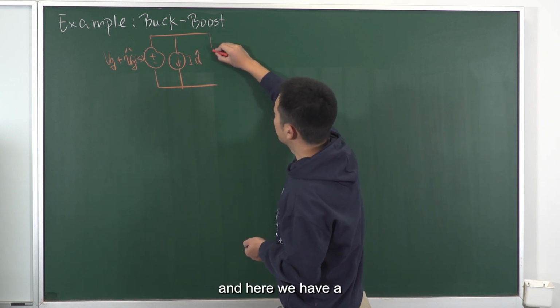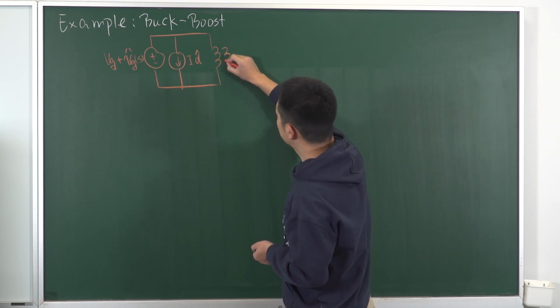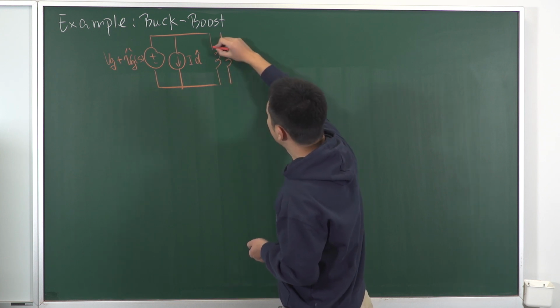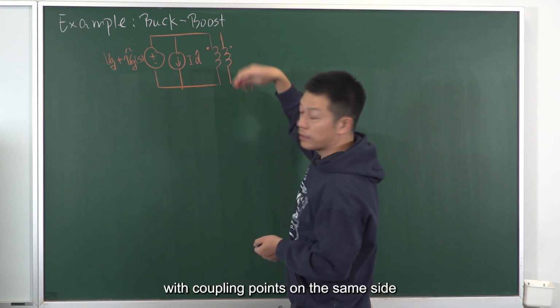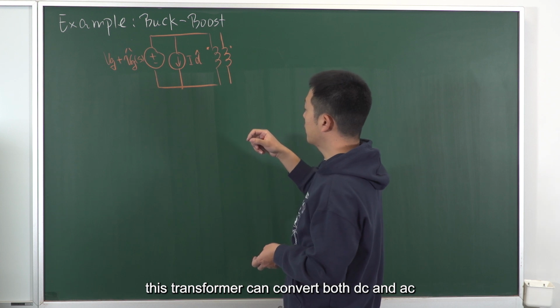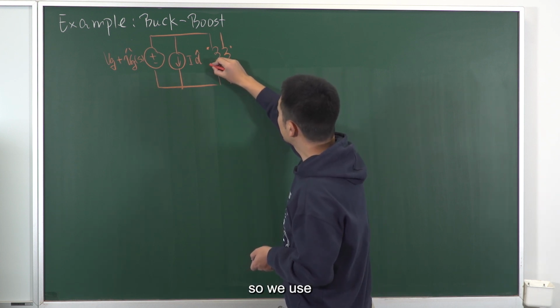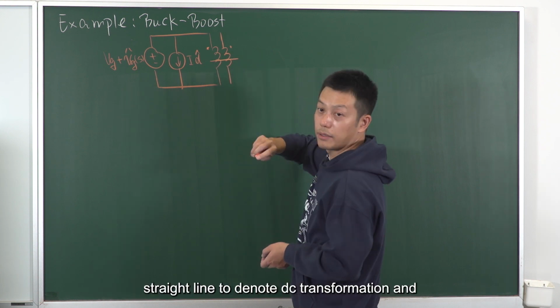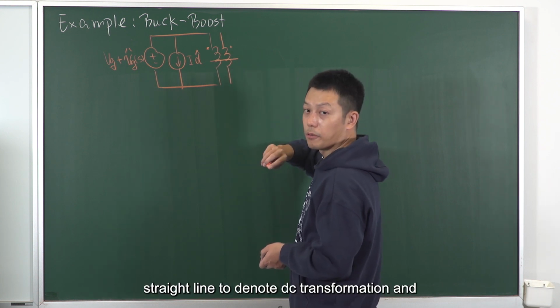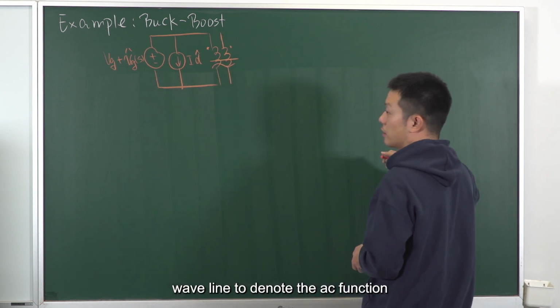And here we have a transformer, with coupling points on the same side. This transformer can convert both DC and AC. So we use a straight line to denote DC transformation and a wave line to denote the AC function.